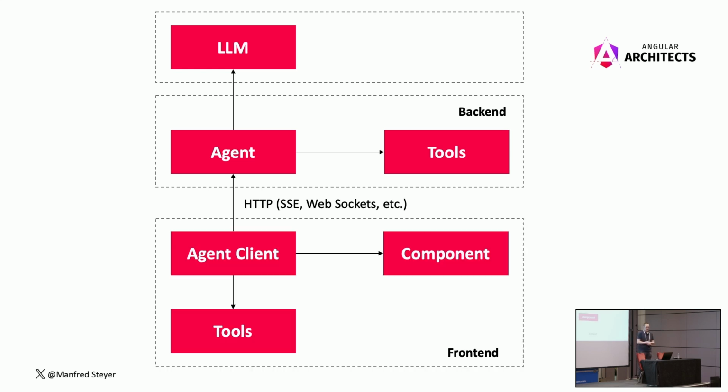And in the front end, we have a counterpart that also knows about client-side tools that move over to another route, as we have seen, or that is filling up a search form or triggering a search inside of my component. And there are also a bunch of components that might be displayed in the chat.